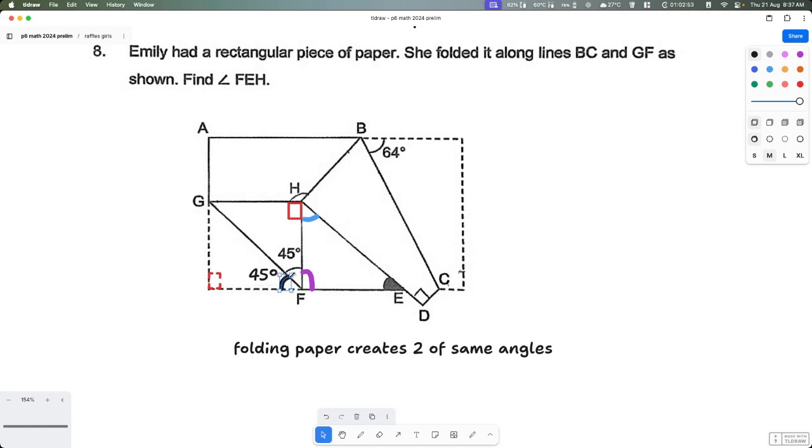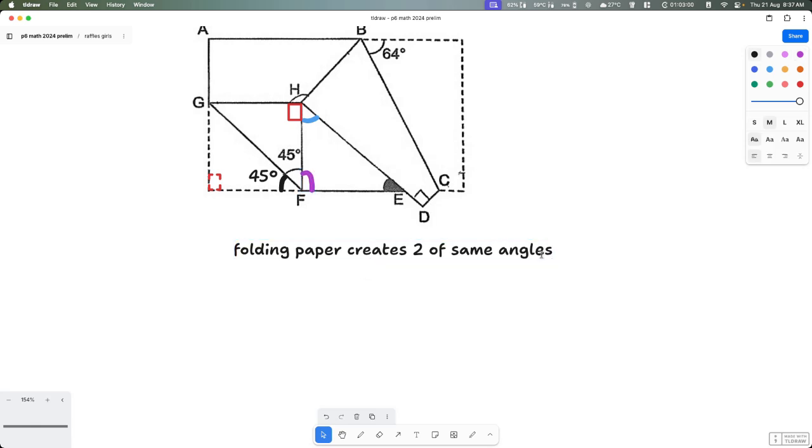Therefore, we can know what the purple one is. I think it's pretty straightforward. So angle HFE is equal to 180 minus 45 minus 45, and this will give us 90.